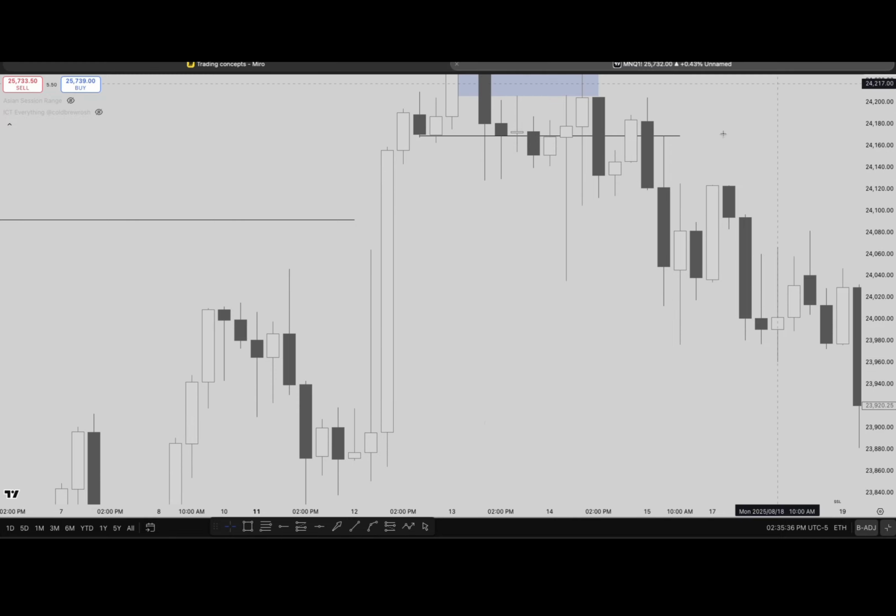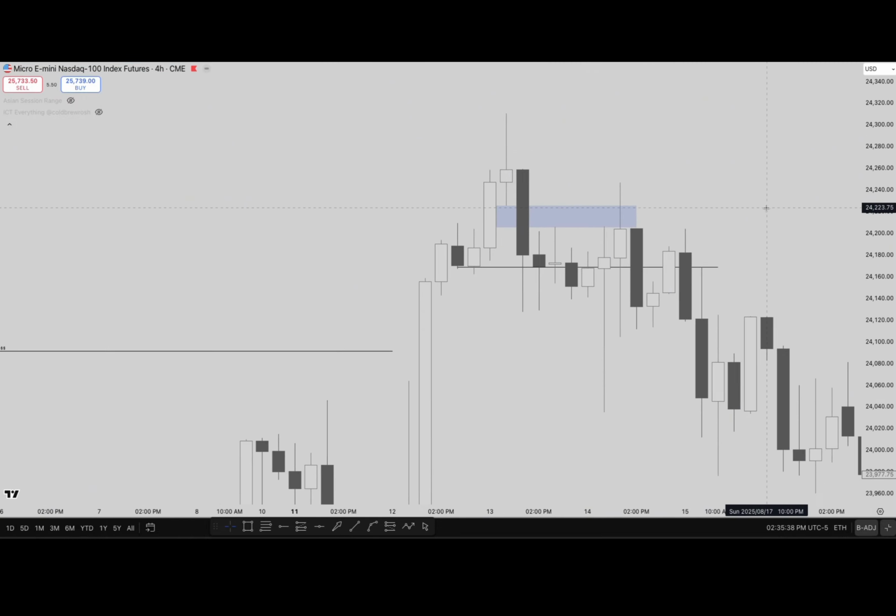And now notice how I'm not using the fair value gap as an entry, more of just a way to predict where price is going to go. So the fair value gap gets ran through, price stops going higher, and we close below this.